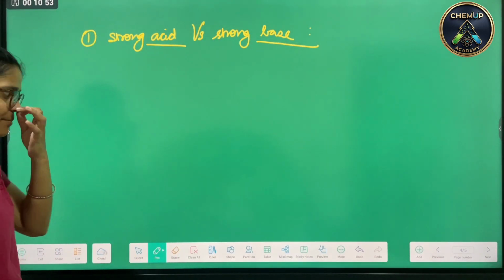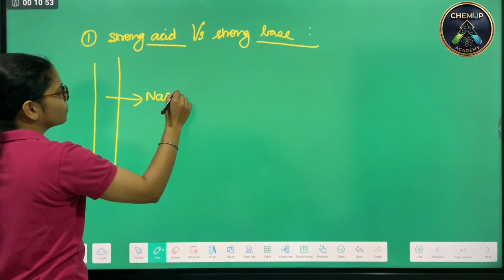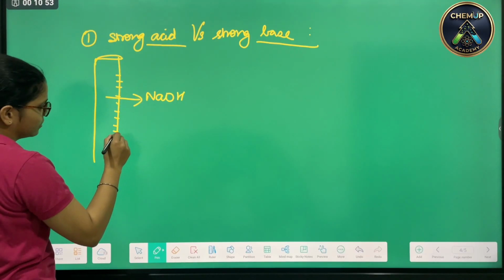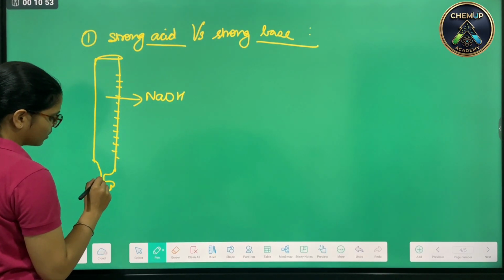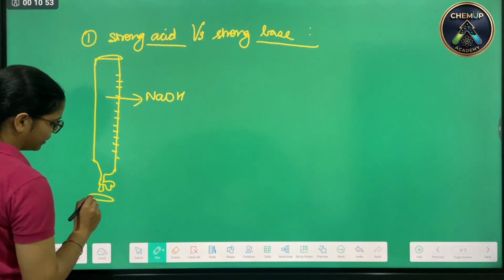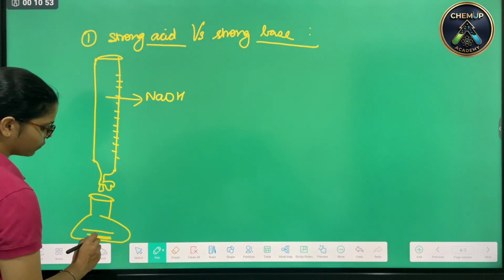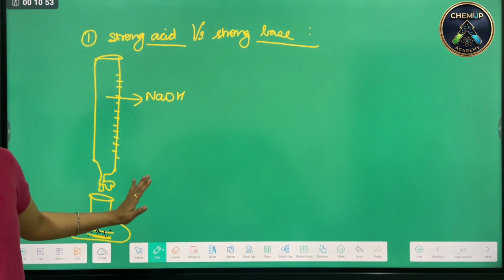Strong acid, strong base means in the burette you shall be taking NaOH, that is the strong base, and here shall be your readings. And in the conical flask you shall be having your HCl along with the indicator. This is how the representation looks like.